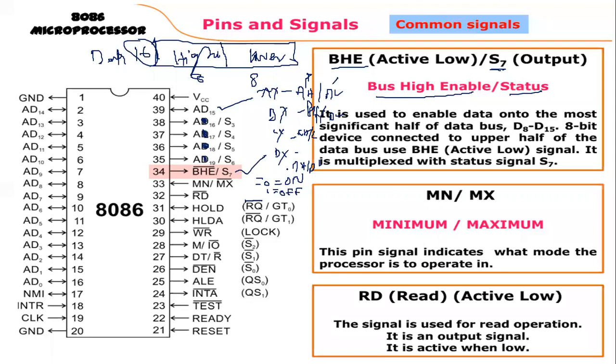Generally, one is on and zero is off. But negative logic is quite opposite: zero is on, one is off.